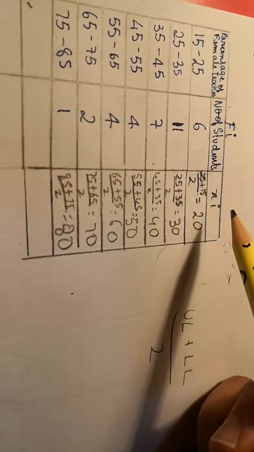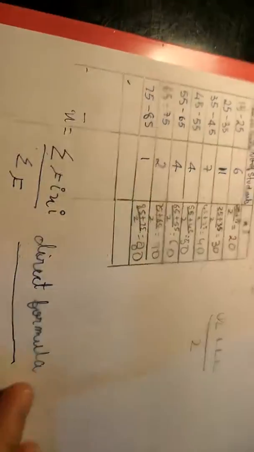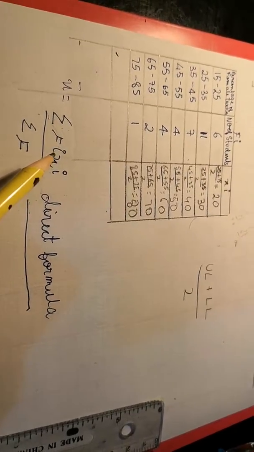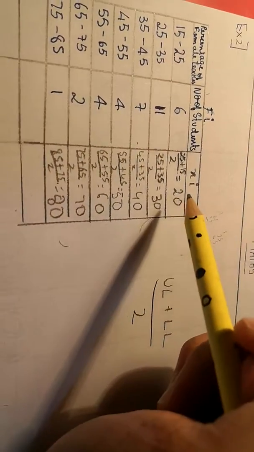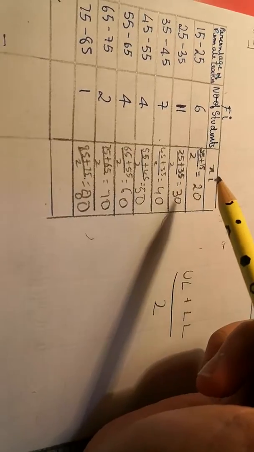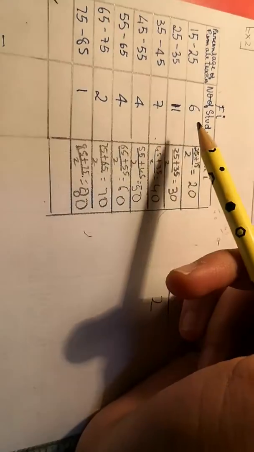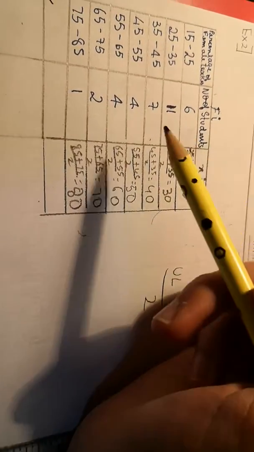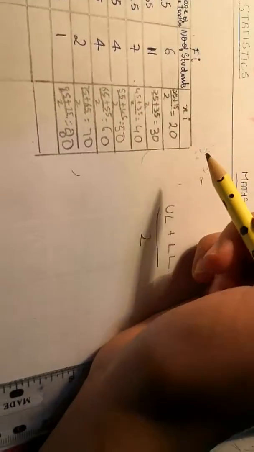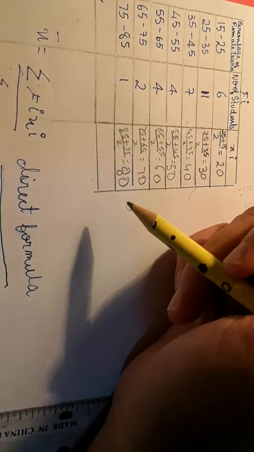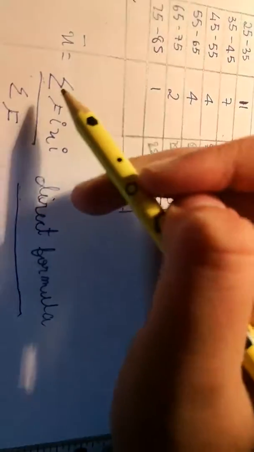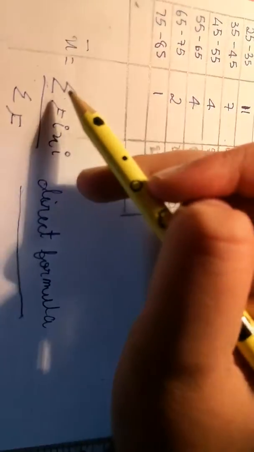Our formula states that we should add this sigma fi xi. So we have just found fi and xi. In order to get fi xi, we should multiply both these columns like this: 6 into 20, 11 into 30, 7 into 40. After getting the fi xi, we will add all fi xi, because sigma means sum of.